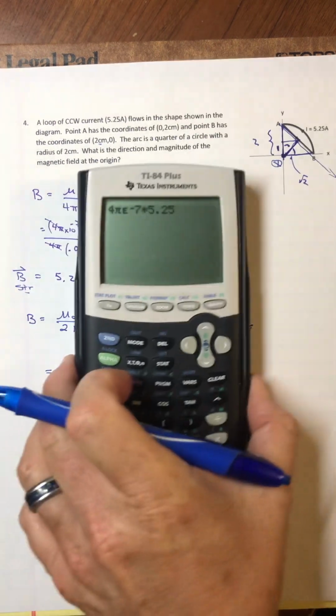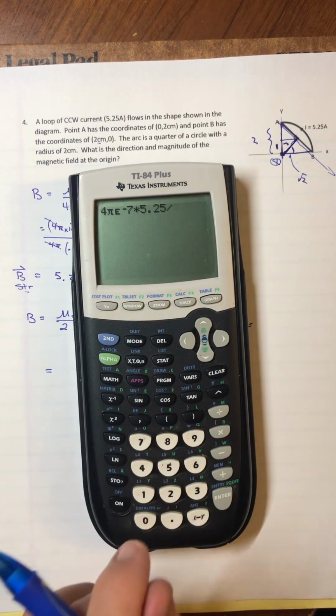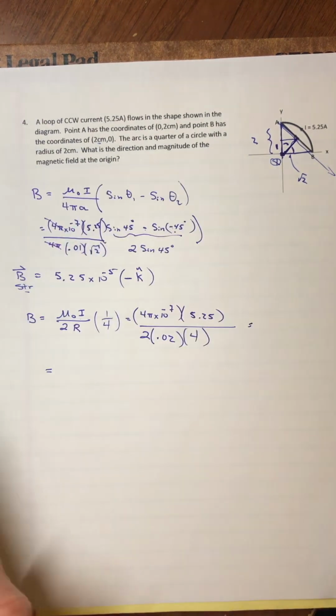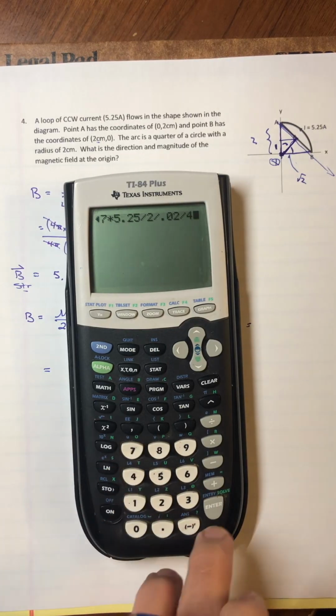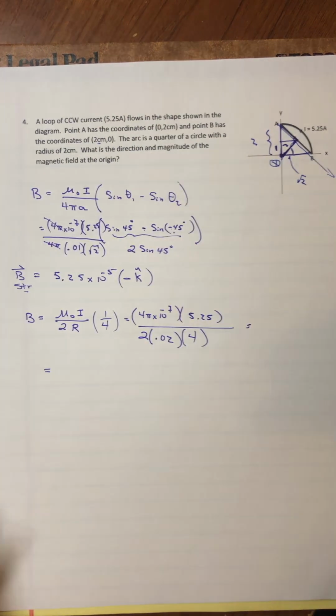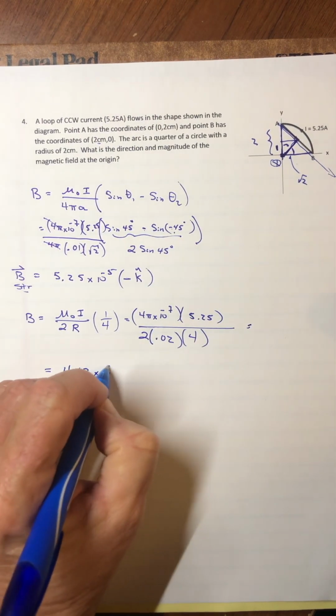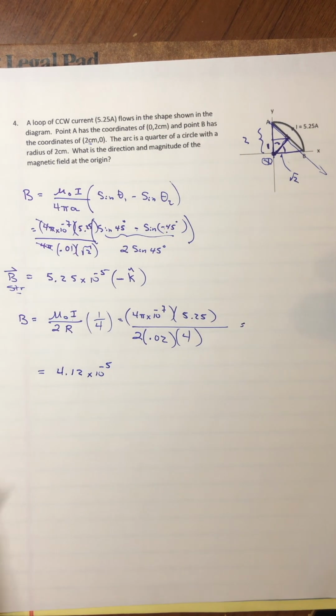Then the current, 5.25. Then divided by a 2, then divided by the radius of 0.02, and also divided by a 4, gives me my 4.12 times 10 to the minus 5.